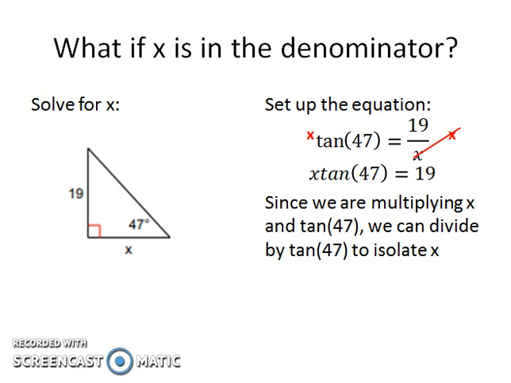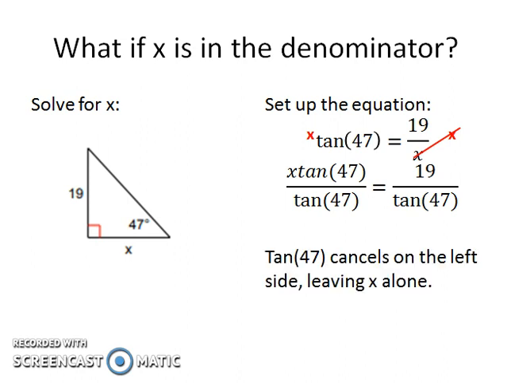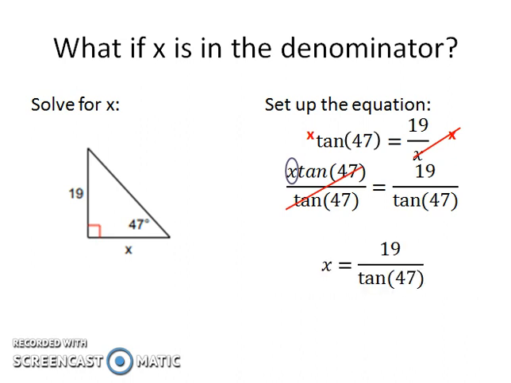Tangent of 47, remember, is its own unique number. So if we divide both sides by tangent of 47, they cancel out on the left and leave x by itself. So now x equals 19 divided by the tangent of 47, which is a number. It's approximately 17.7.